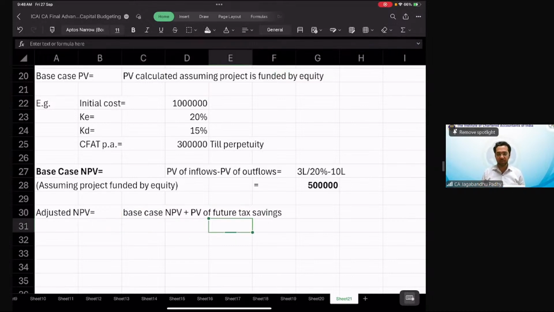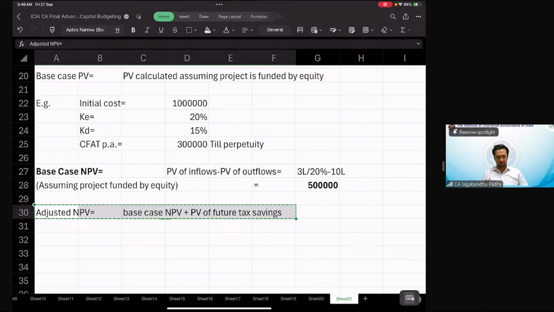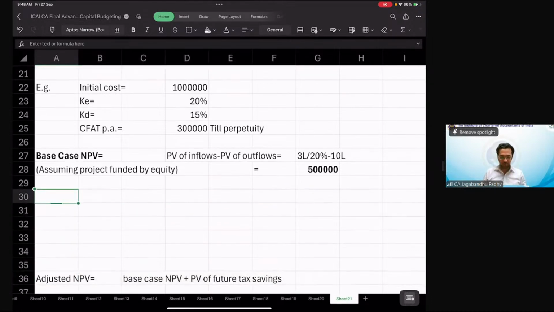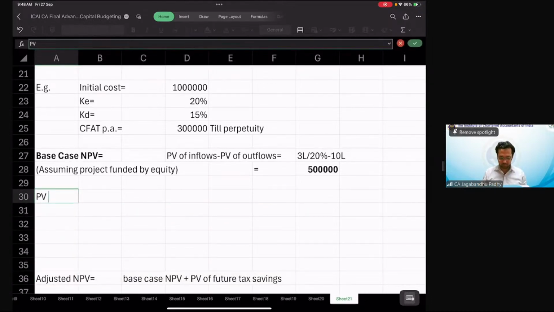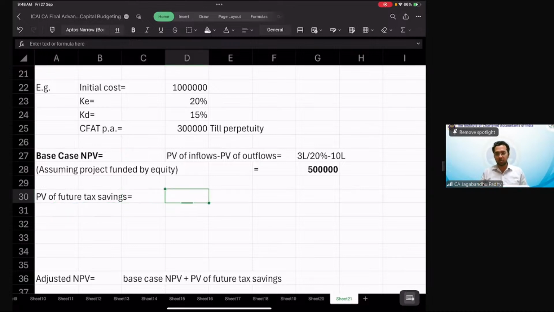So I need to first get this portion, which is present value of future tax savings. So let's try to get the present value of future tax savings. How much is going to be the present value of future tax savings?